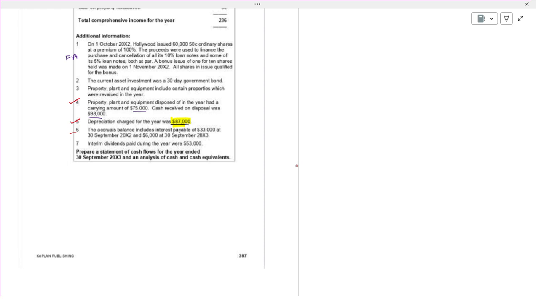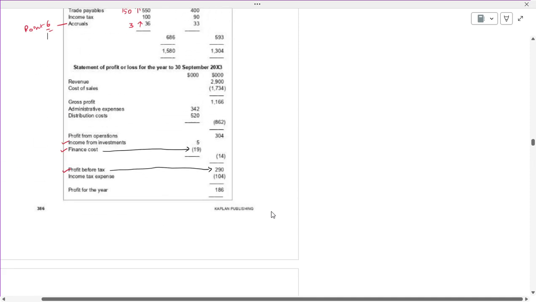Accruals include interest payable. How much is the opening balance? 33.